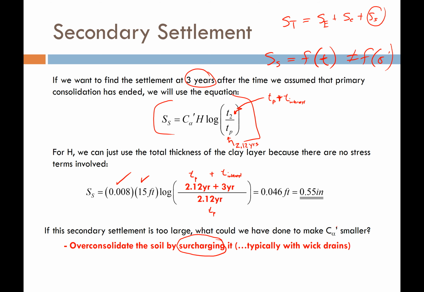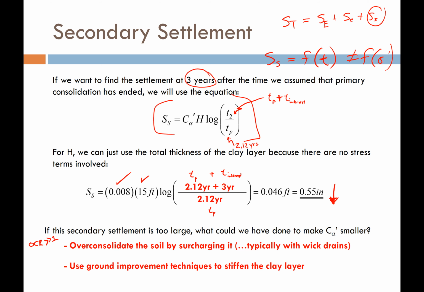If we over-consolidate the soil and make the over-consolidation ratio much greater than 1, then this C sub alpha prime gets smaller and smaller. So if we surcharge it, add some wick drains, that's going to lower that predicted secondary settlement substantially. Alternatively, we could apply some ground improvement techniques to just stiffen the ground itself. That's a different topic for a different day, but it is an option.